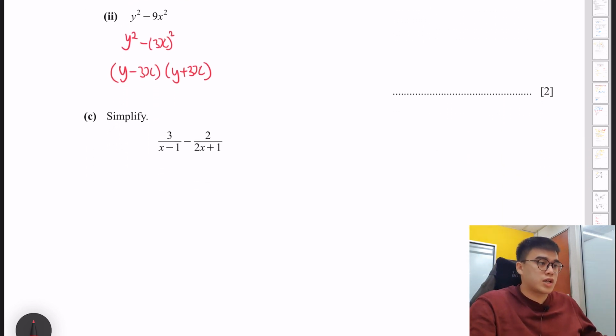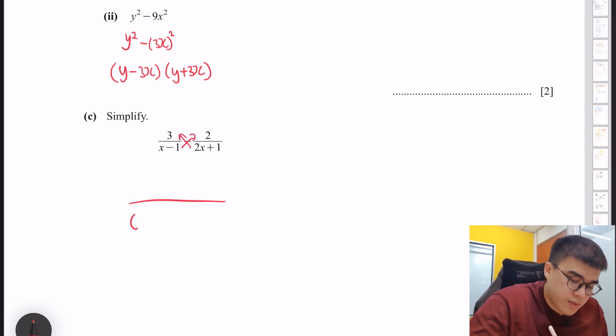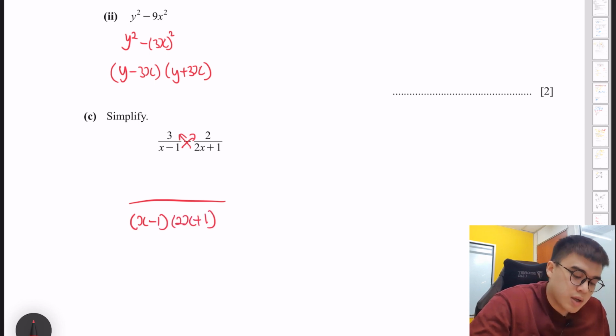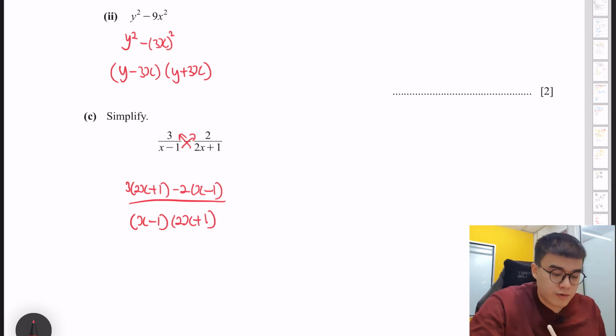Moving on to section C, you will have to multiply them to have the same denominator. As for the numerator part, it will result as shown over here, where you multiply everything together.